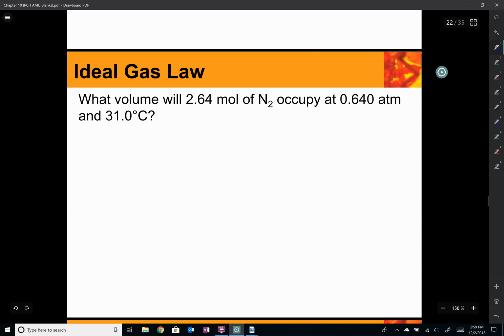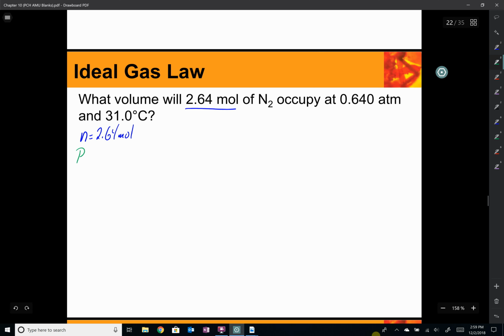All right. What volume will 2.64 moles of N2 occupy at 0.64 atmospheres and 31 degrees Celsius? We're given a problem, so let's start to write out what we have. We're given N, which is equal to 2.64 moles.